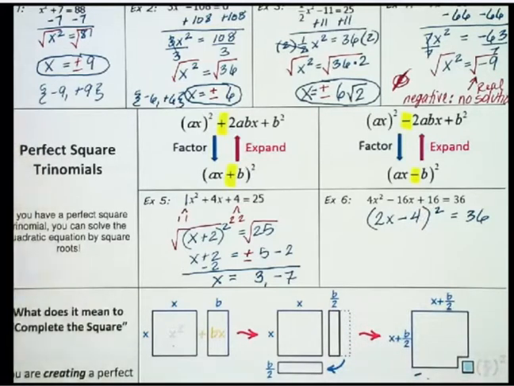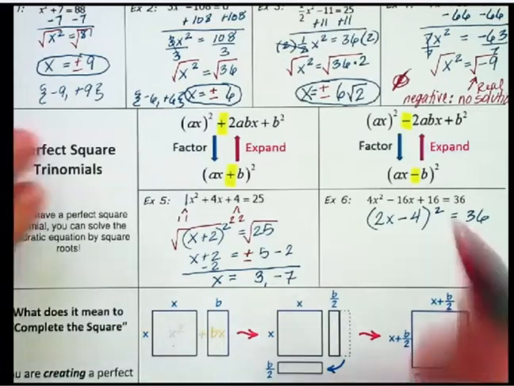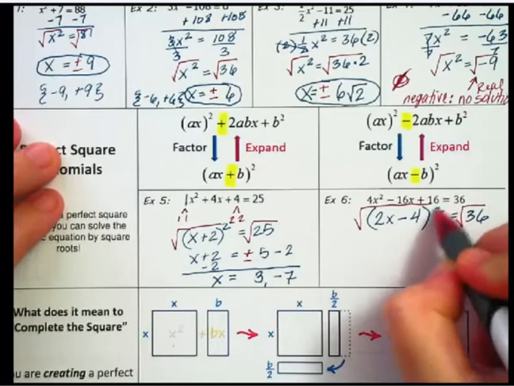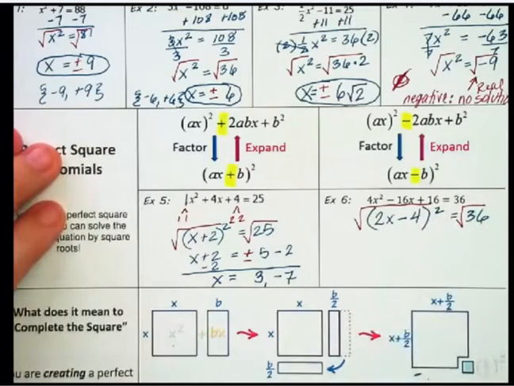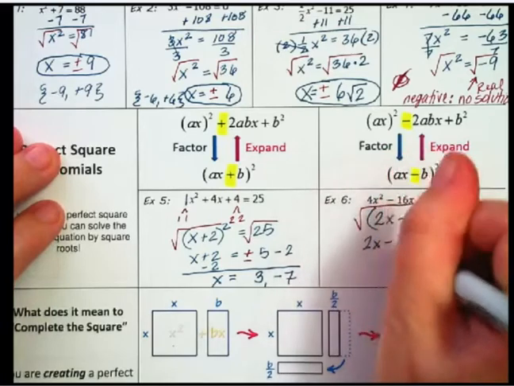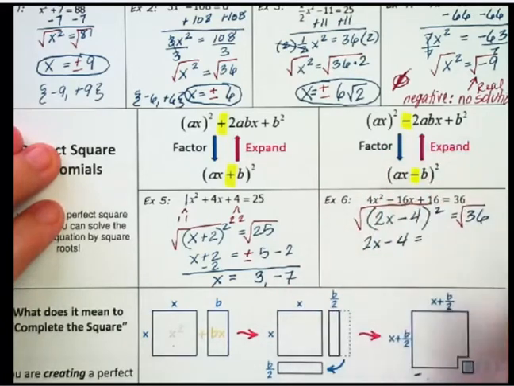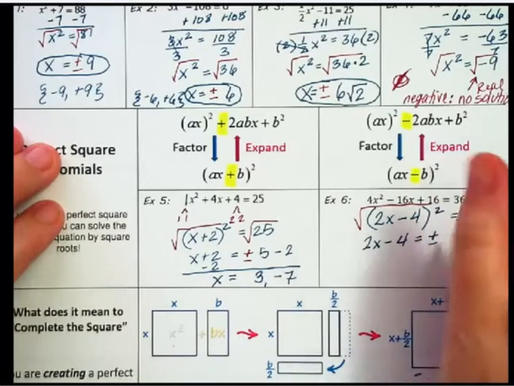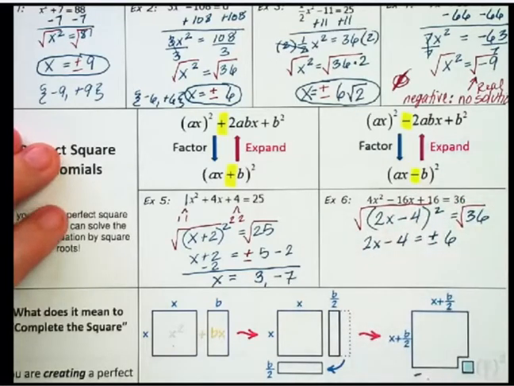All right. Now we're ready to go ahead and square root both sides to get rid of this squared outside the parenthesis. And so I have 2x minus 4 equals plus or minus the square root of 36 is 6.